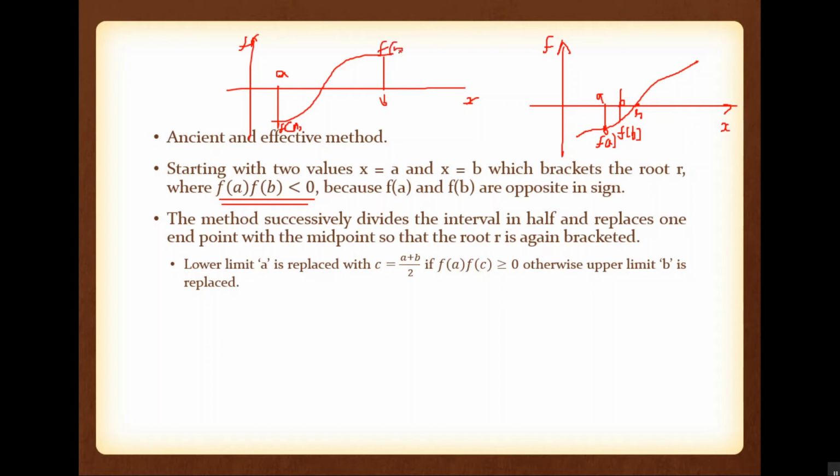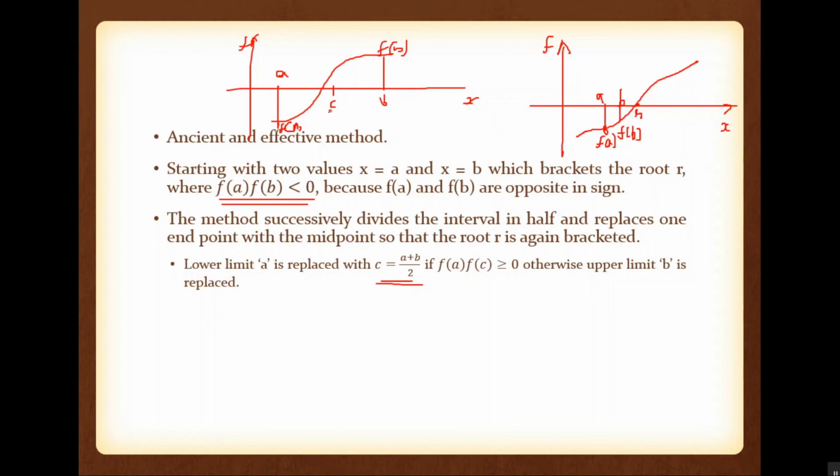You can see that these a and b are the valid initial condition. Now we are going to find a new value c, and that c is a plus b by 2. You can see that c is the middle point of a and b, somewhere here. In some situations c may be somewhere else, but as per this diagram, the position of c is this one. So we are finding the midpoint of a and b.